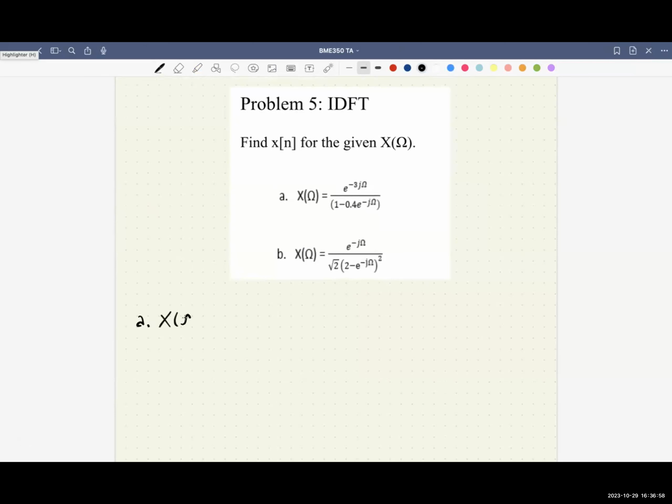X(omega) is e to the power of negative 3j omega times 1 over (1 minus 0.4 e to the power of negative j omega), which is the same as this term.